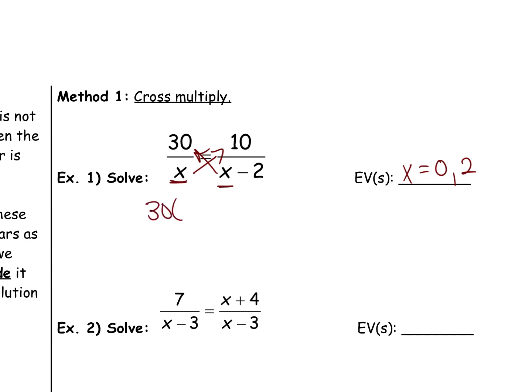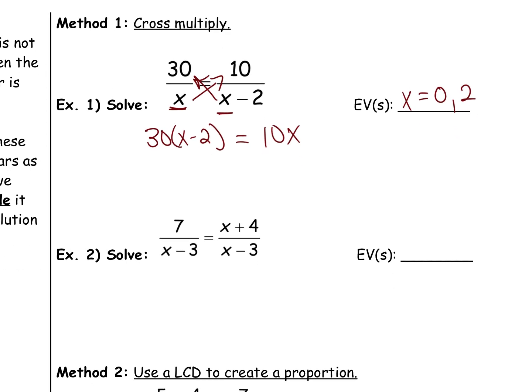I would get 30 times x minus 2 equals 10x. After that, this is just a basic math problem from years back. So we got 30x minus 60 equals 10x. Subtract the 10x, add the 60, and we end up with x equals 3.